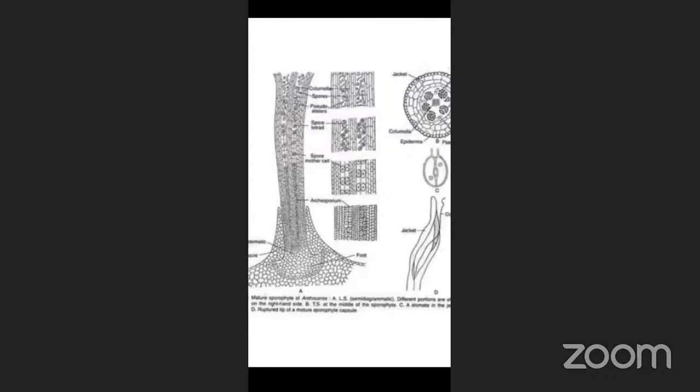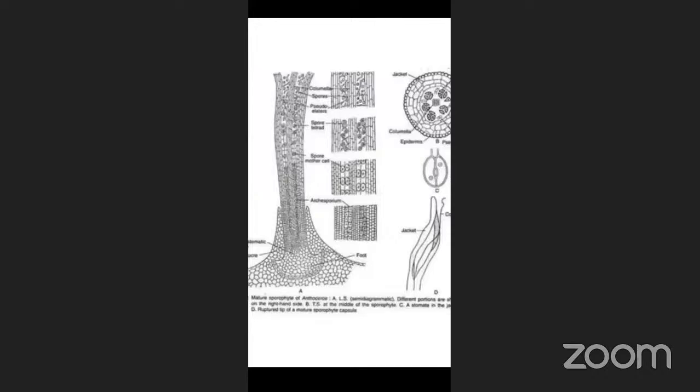So these are two generations which alternate with one another, the gametophytic phase and the sporophytic phase. Now we discuss the sporophytic generation.